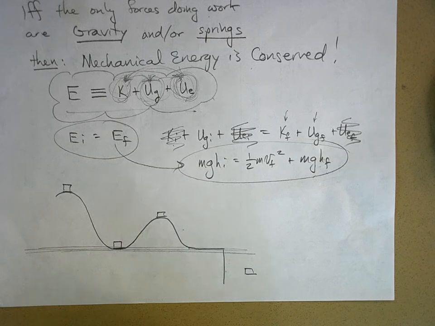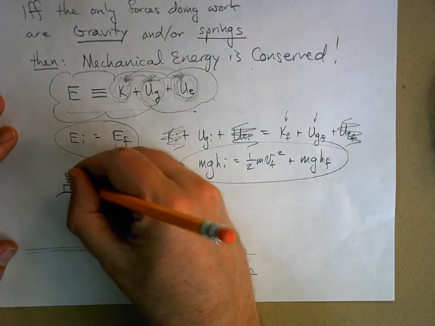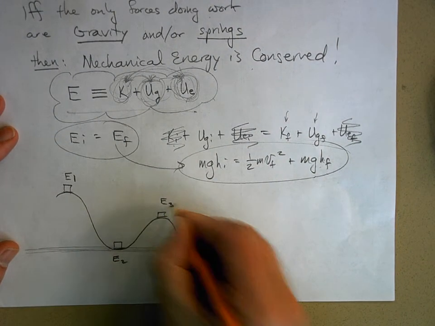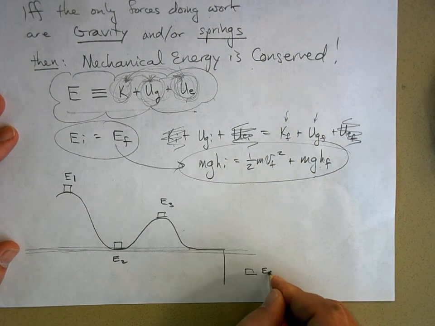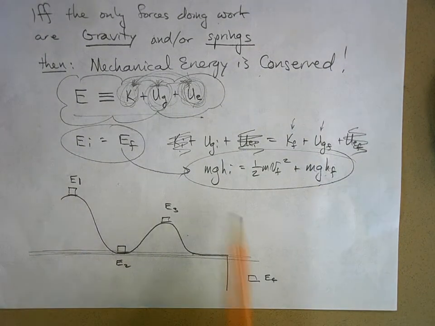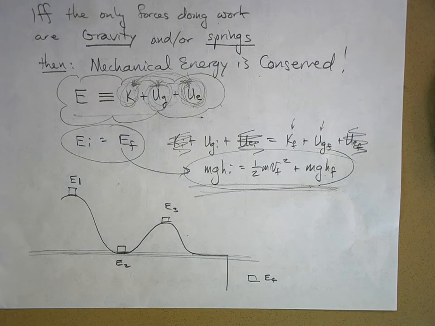And so you go E initial, we can call it E1, equals E2, equals E3, equals E4. And so you just set it up just like this, solve for the unknown. Make sense? The law of conservation of energy. It really works. Pardon the pun.